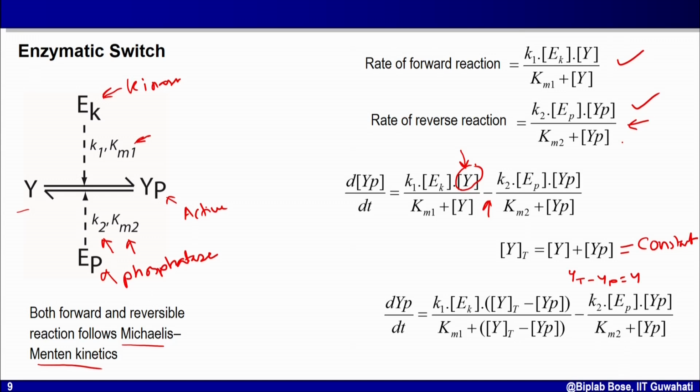So if I replace Y by Yt minus Yp, I get this relation dYp/dt equal to K1 Ek (Yt minus Yp) divided by Michaelis-Menten constant Km1 plus (Yt minus Yp), minus the reverse reaction rate K2 into Ep into Yp divided by Michaelis-Menten constant for the reverse reaction Km2 plus Yp.